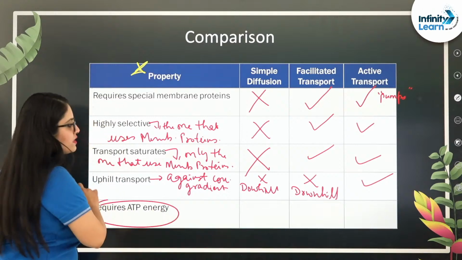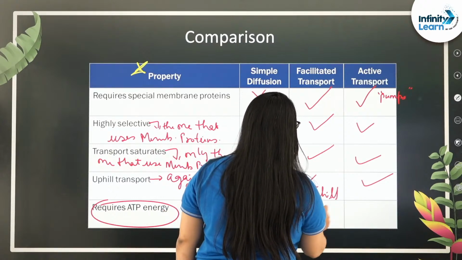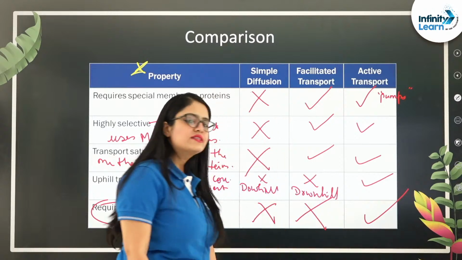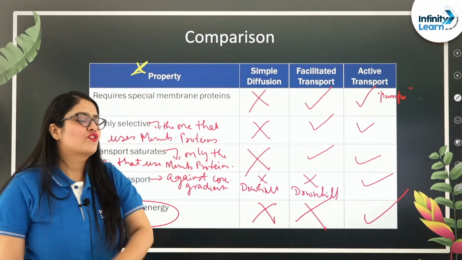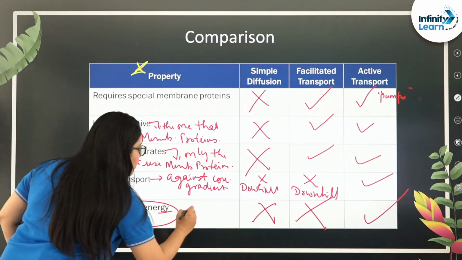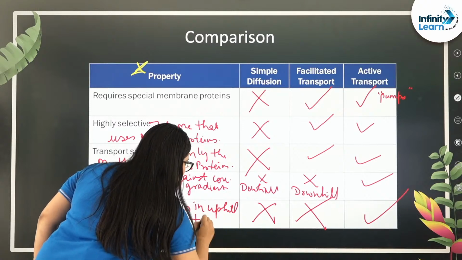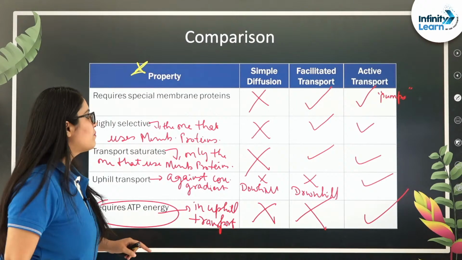Requirement of ATP energy. In simple diffusion there is no requirement of ATP energy. In facilitated diffusion there is no requirement of ATP energy, but in active transport there is requirement of ATP energy. Why? Because there is an uphill transport. So ATP is required in uphill transport. And who is doing uphill transport?